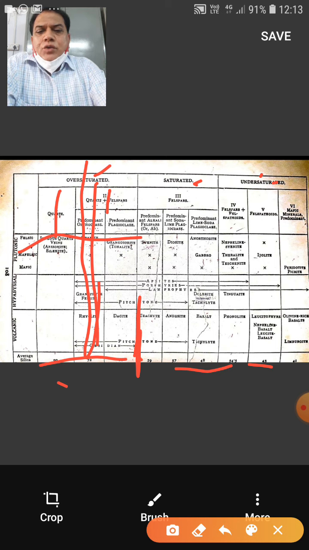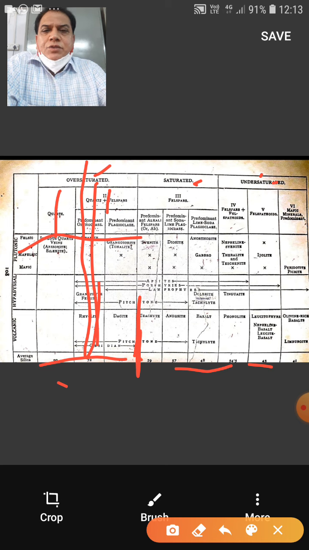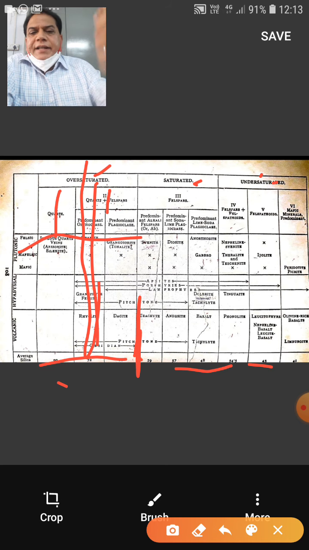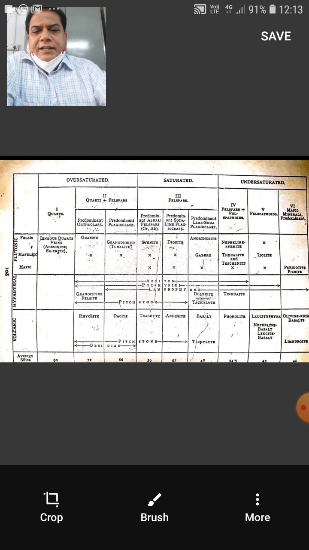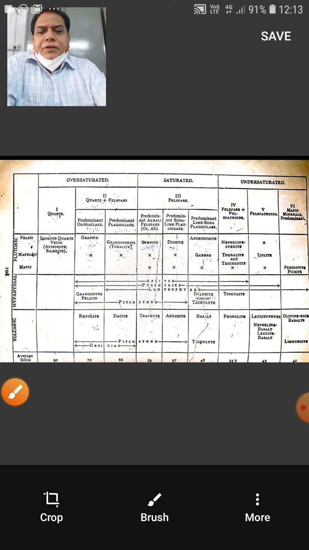So naturally the composition of a rock is reflected in minerals, and the essential minerals group together and from that we get the kindred of rocks. So it is not that the first group, quartz alone as the essential mineral, is what we call the quartz veins.